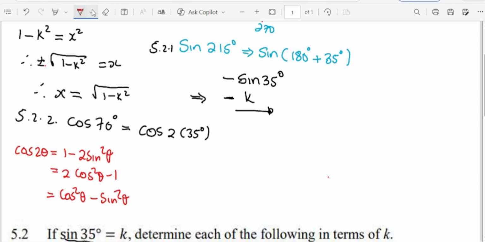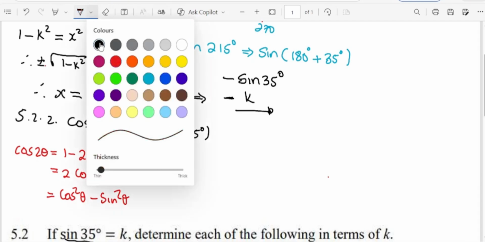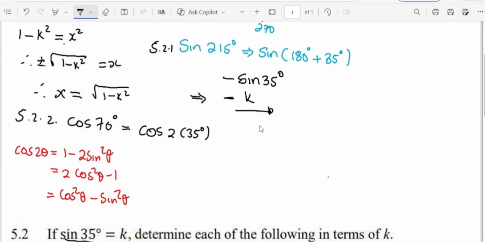And when I'm going to choose this, I'll refer to what I have previously. I already know what sine 35 is, so it's easy for me to choose the identity that has only sine. So I'm going to write this as 1 minus 2 sine squared of 35, because now I know what 35 is. Remember, I can rearrange this and say this is 2 times the bracket, sine 35, everything squared.